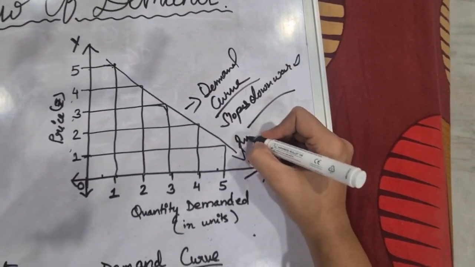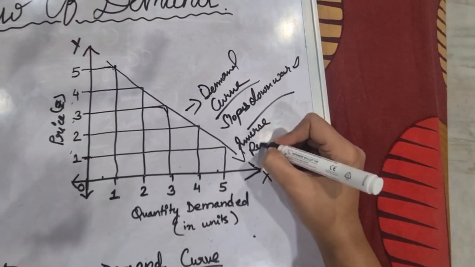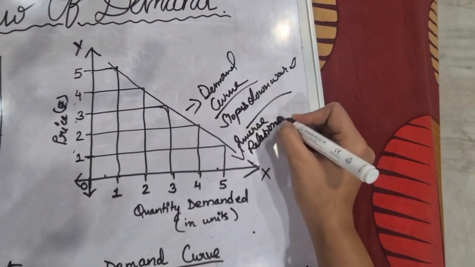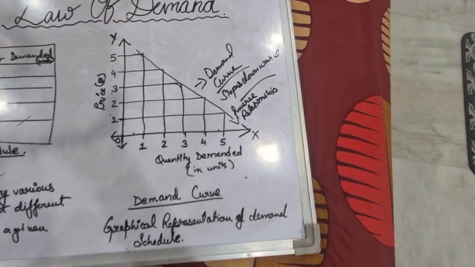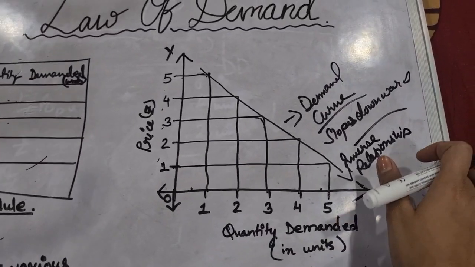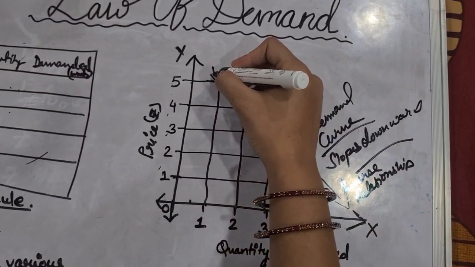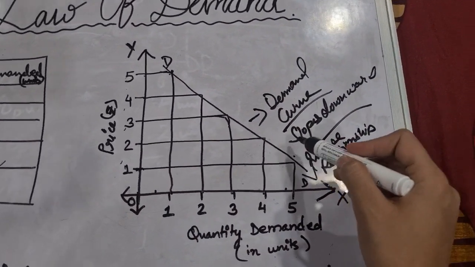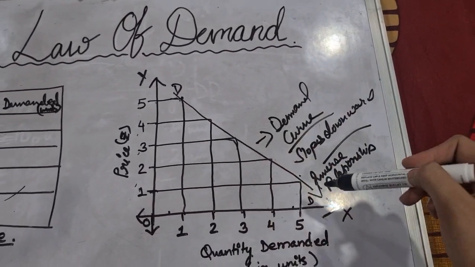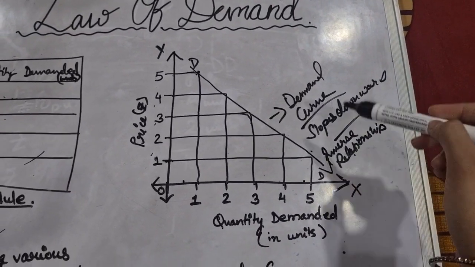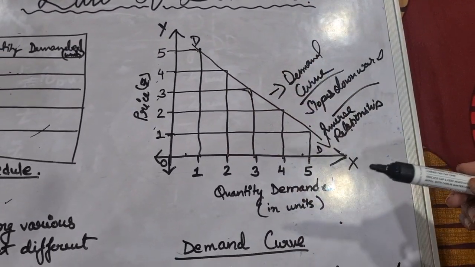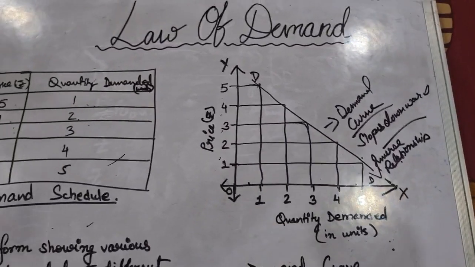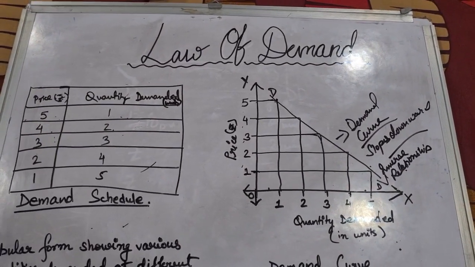Because of the inverse relationship. So let us name the demand curve DD. DD is the demand curve which slopes downward from left to right due to the inverse relationship between the price and the quantity demanded. So by this we can understand the law of demand.